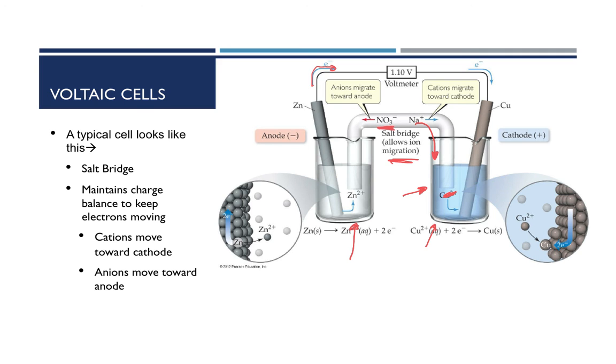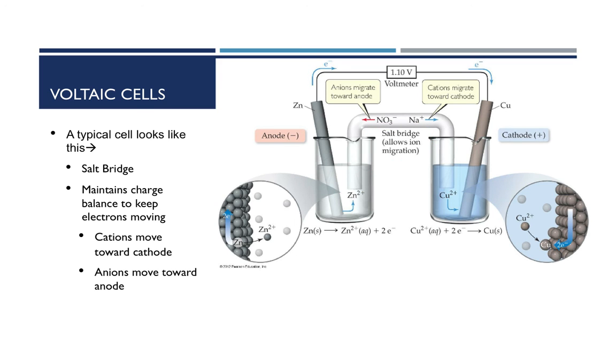Likewise, the nitrate in the salt bridge comes into the zinc solution, getting rid of some of the plus overcharge from the 2+ ions and keeping this side neutral as well. That keeps the charges flowing around.